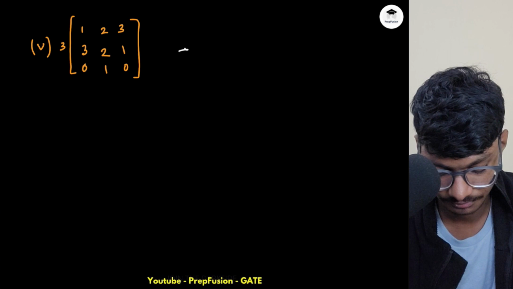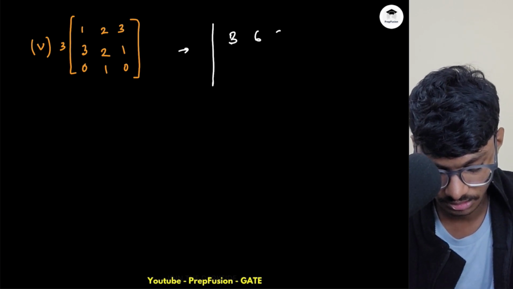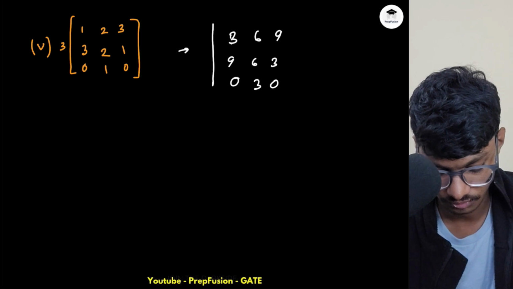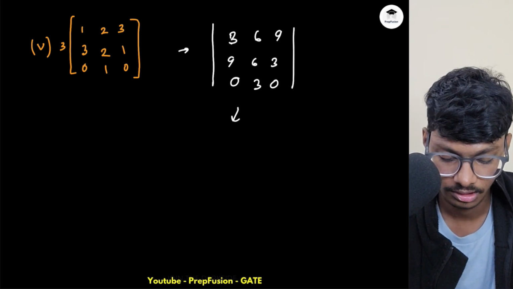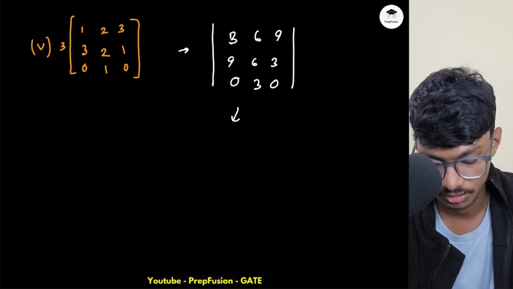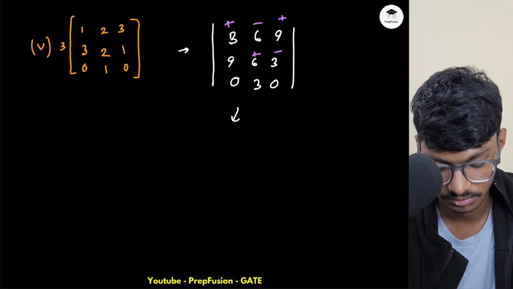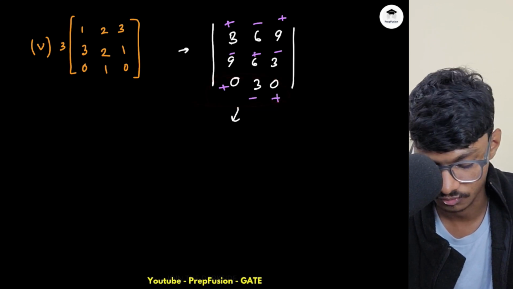So basically the determinant will be 3 6 9, 9 6 3, 0 3 0. We have to find the determinant for this. Again I will open through the last row, with signs plus minus plus, minus plus minus, as I have the maximum number of zeros over here.